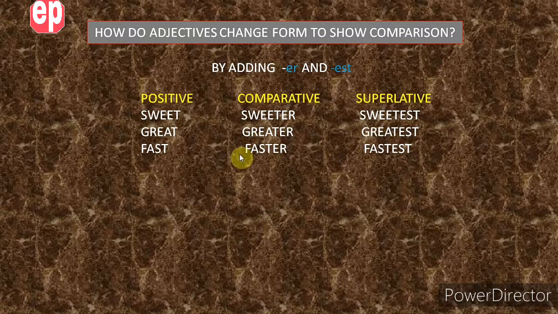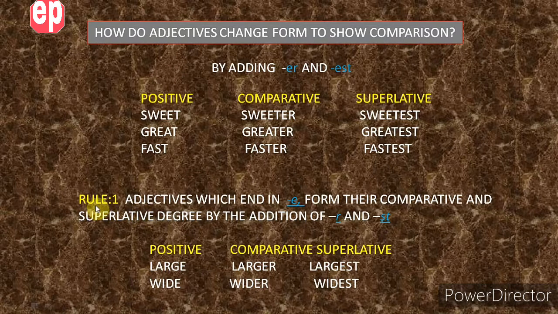Great, greater, greatest. Fast, faster, fastest. So look at comparative degree and superlative degree. In comparative degree, er is added. So look at every word. And in superlative degree, est is added. So sweetest, greatest, and fastest.